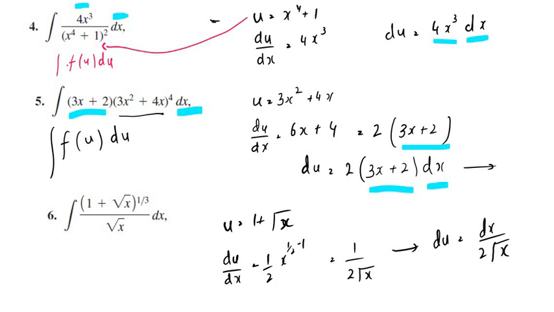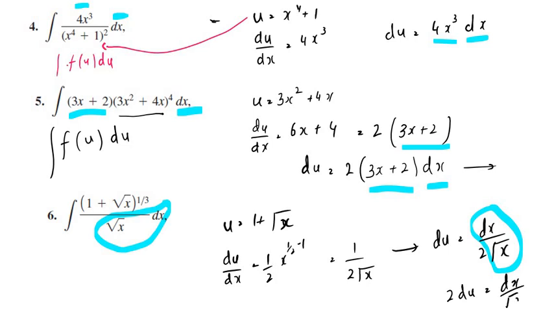So now we see that dx over square root of x can be substituted by 2 du, equals dx over square root of x.